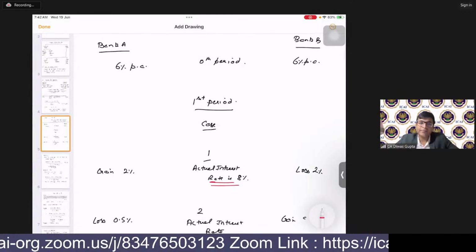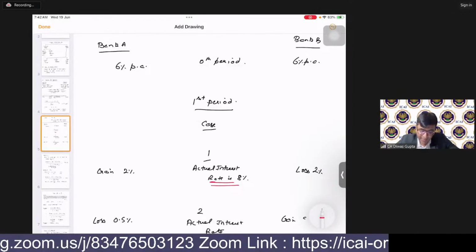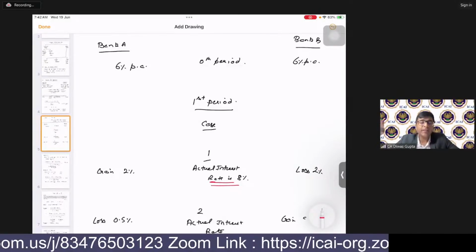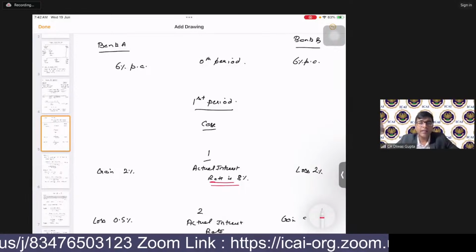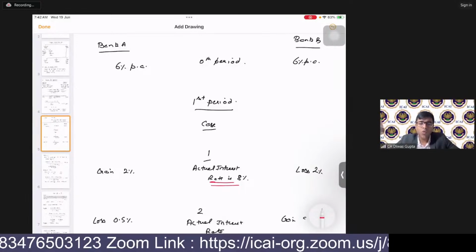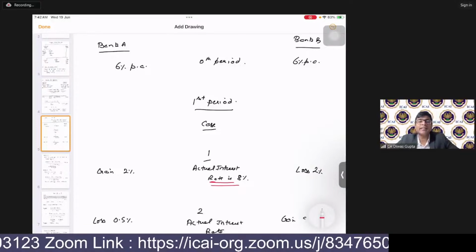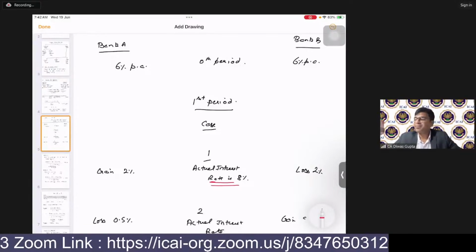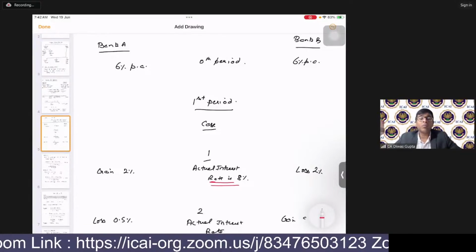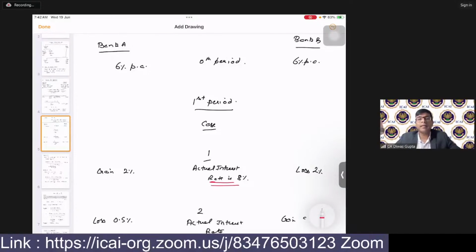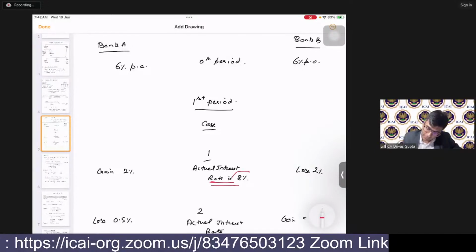Now, what will happen? Simple. Bank A has the right to borrow at 6%. Now, the actual interest rate is 8%. So what will Bank A say? I have a contract to borrow at 6%. Market interest rate is 8%.